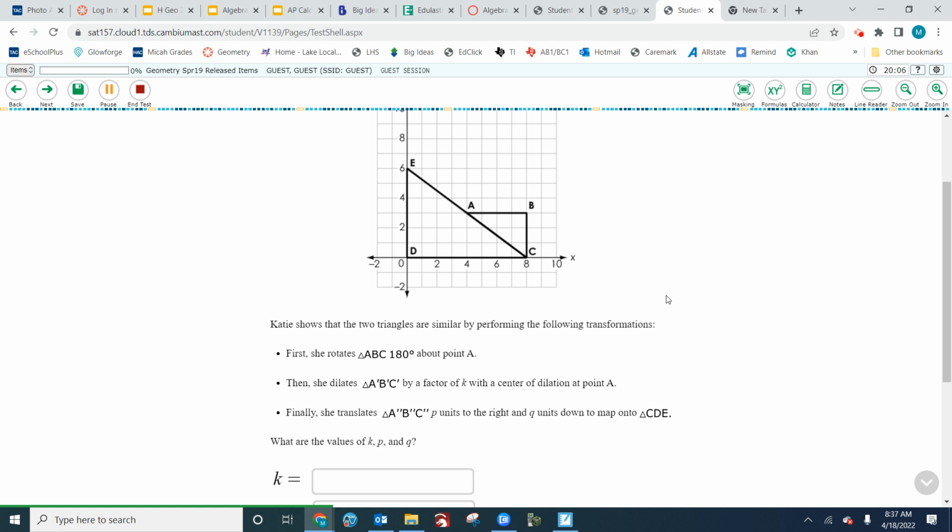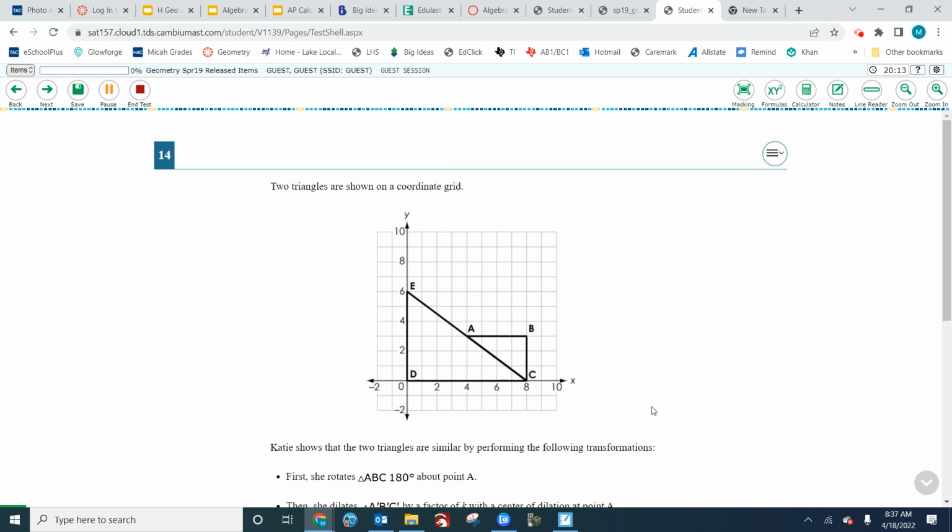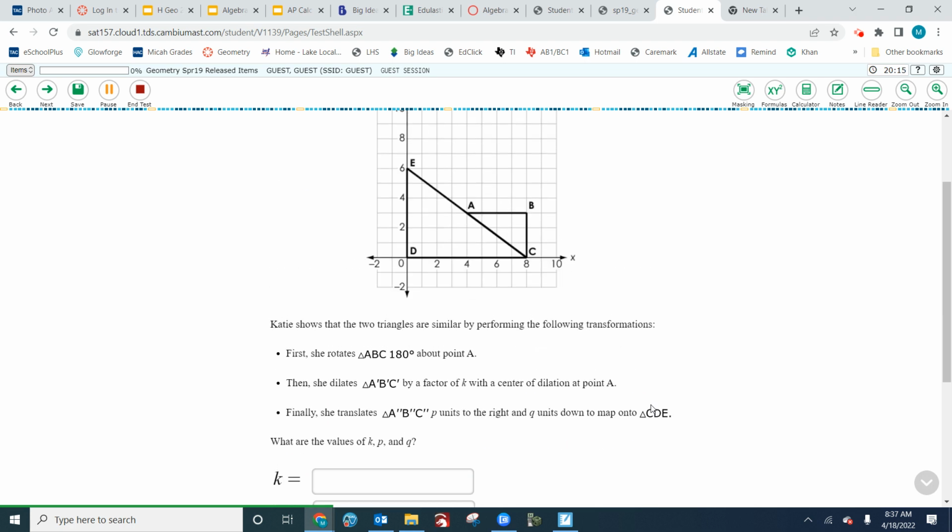On the OST, this is from the 2019 released items. I think it's number 14. This is when we were just scrolling through. I don't think you guys actually did this for homework.